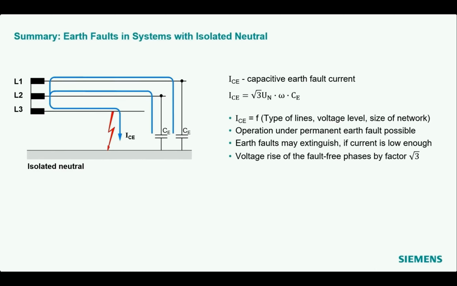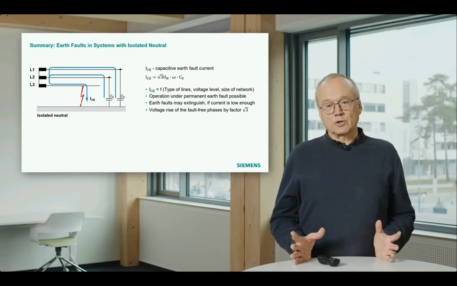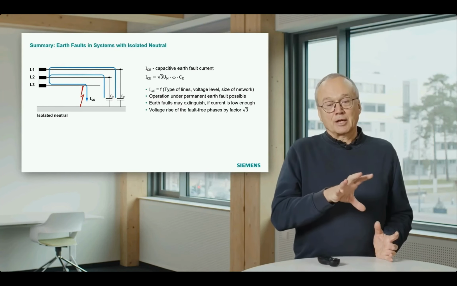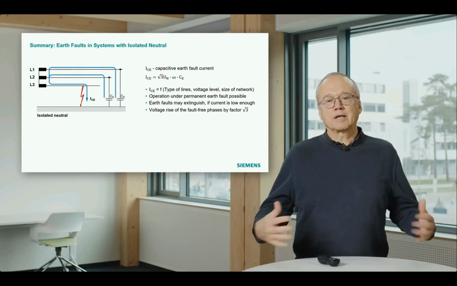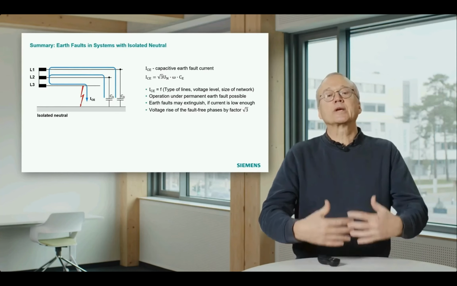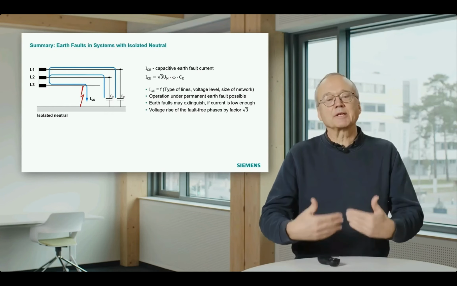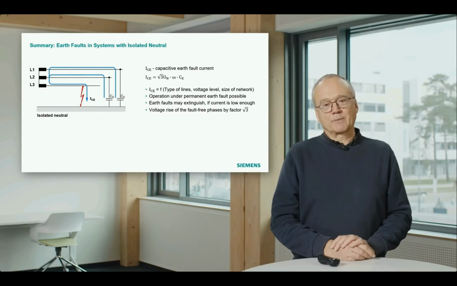So in cable systems, the earth fault current is much higher. Then you see in the equation the voltage. That means the higher the voltage level is, the higher the earth fault current is. And you must also have in mind the capacity increases with the size of the system. If we increase the system length, we increase the capacity, and that means we also increase the earth fault current.